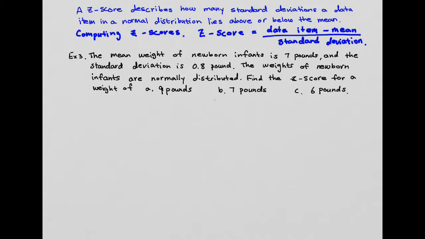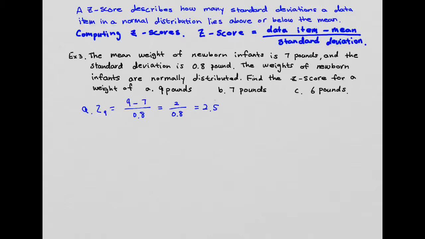So remember, if we're trying for A first, in order to find the z-score for 9 pounds, we're going to do the data minus the mean. And the mean was given in this problem as 7 and standard deviation of 0.8. So this is 2 divided by 0.8, which is going to be 2.5. So your z-score is going to be 2.5.